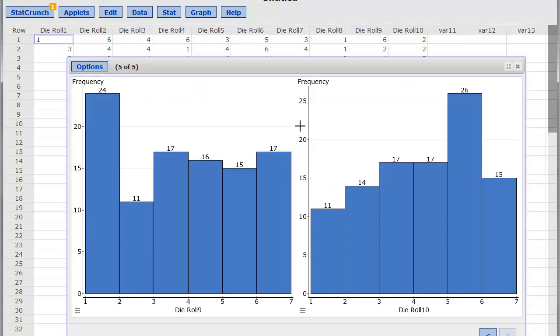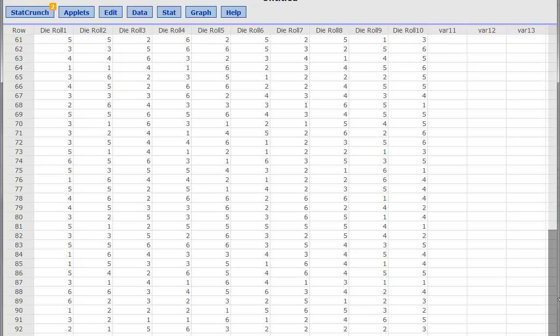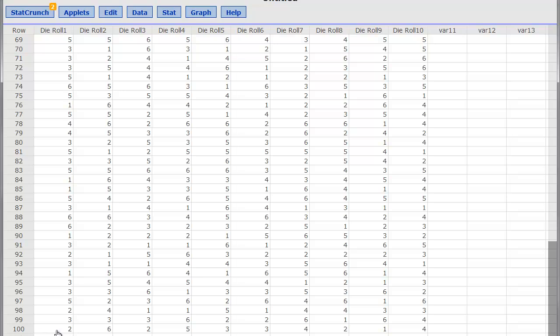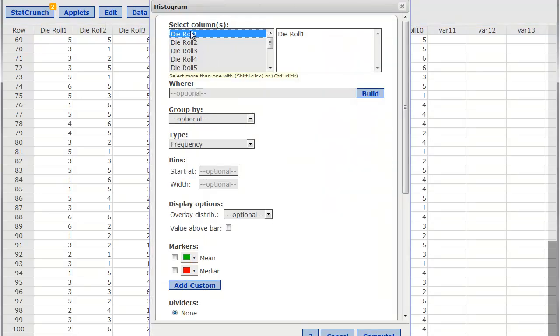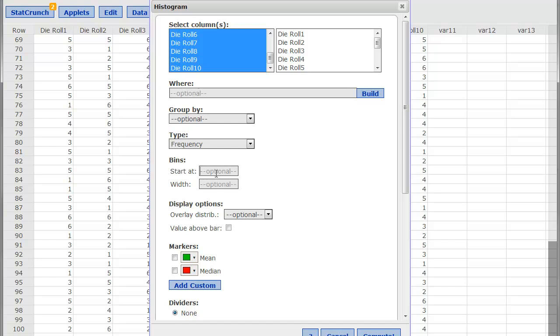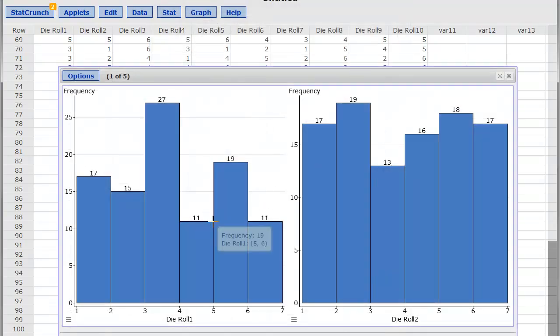What happens if I made it a little bit bigger? So what I did here was I did 10 simulations again, but instead I rolled the die 100 times. I did it 5 times as much, right? And so now when I go to the histogram, starting at 1 and going by 1 and putting the values over the top, and again comparing some of the histograms, and I click compute, look, this one is a little off, but look how close this one is to being uniform, right?